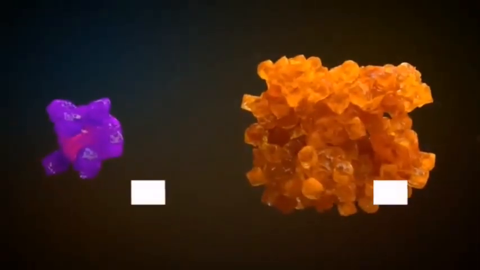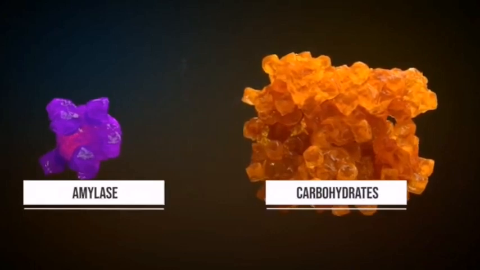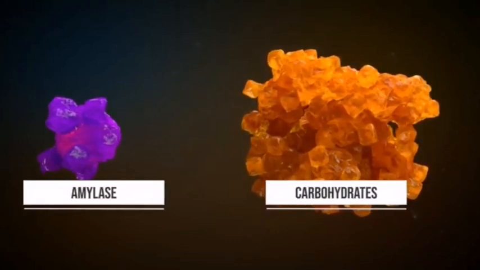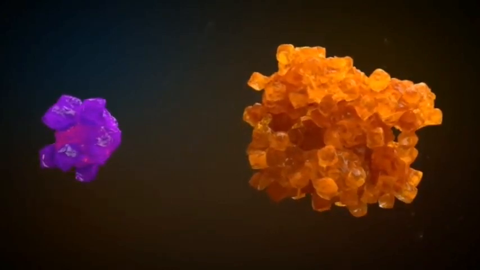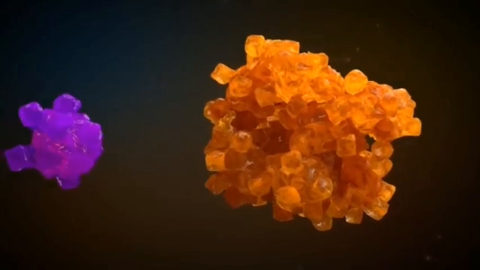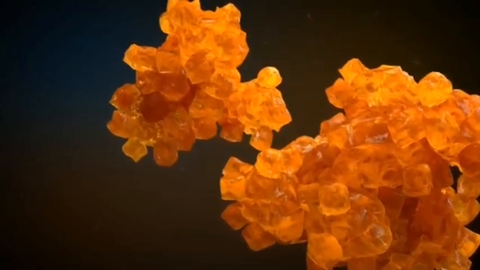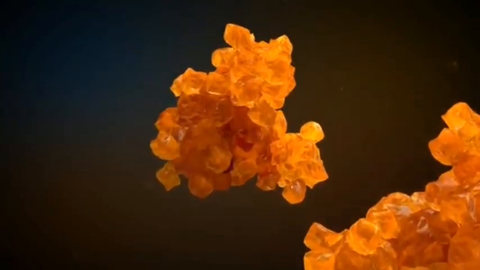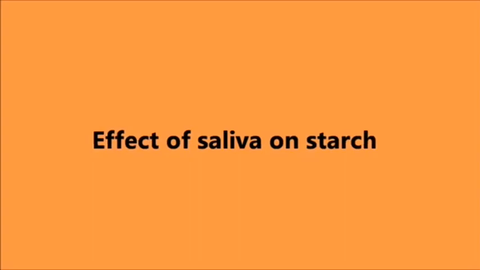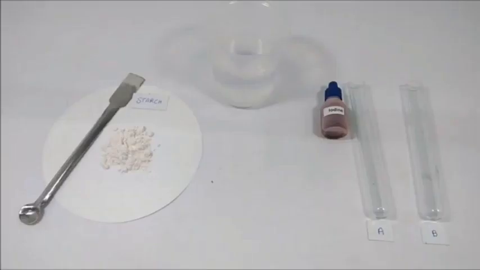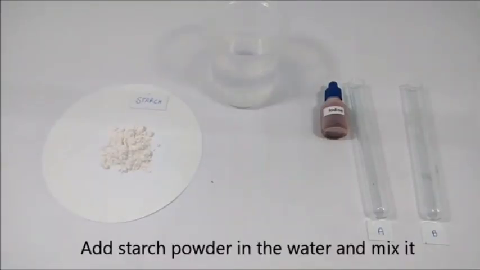This also contains a digestive enzyme called salivary amylase, which converts the carbohydrate starch into sugar. The food containing carbohydrate starts digesting from the mouth itself. Here is an activity which shows the effect of saliva on starch.